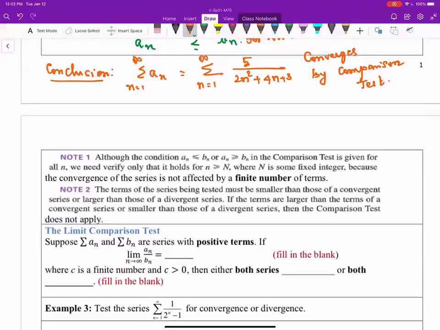In the regular comparison test, we have the condition that an is less than or equal to bn, or an is more than or equal to bn. If you go back and see these results here, we have the condition an less than or equal to bn, or an more than or equal to bn.